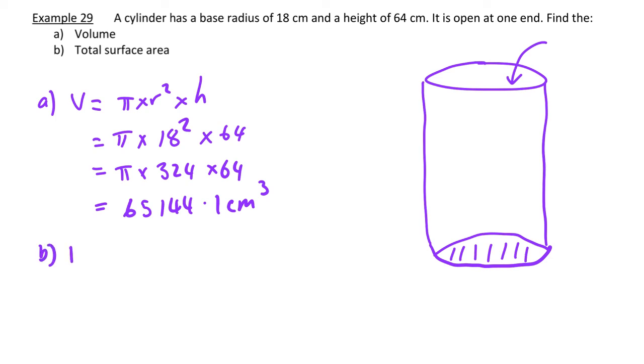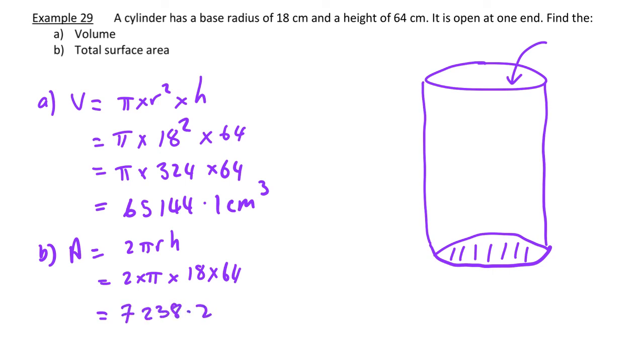Part B for the surface area. So the curved surface area is 2 pi rh, which is 2 times pi times 18 times 64, which is 7,238.23 squared centimeters. And that's the curved part.